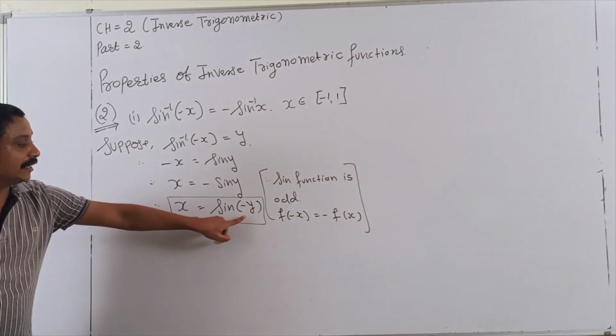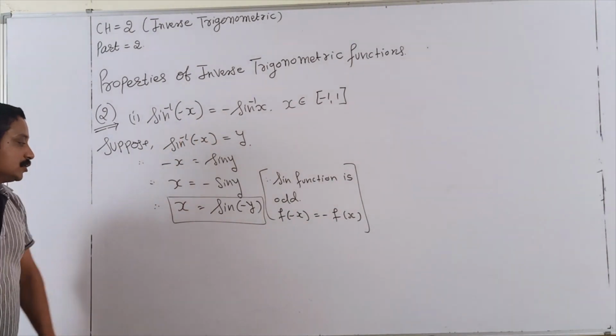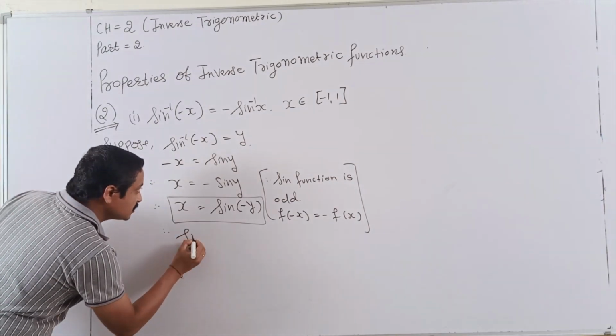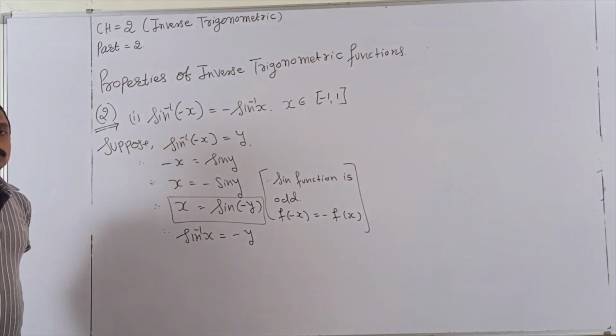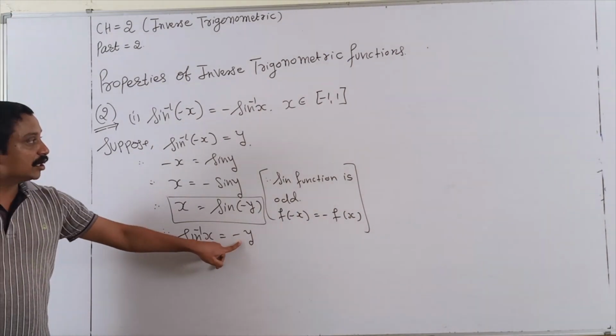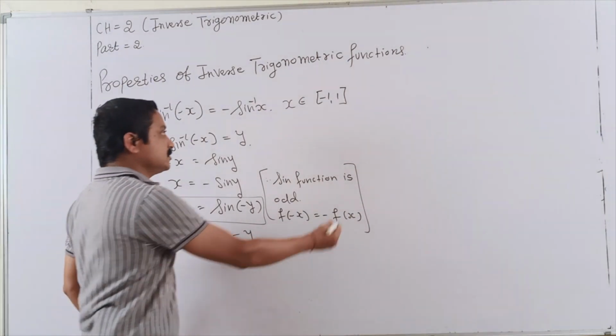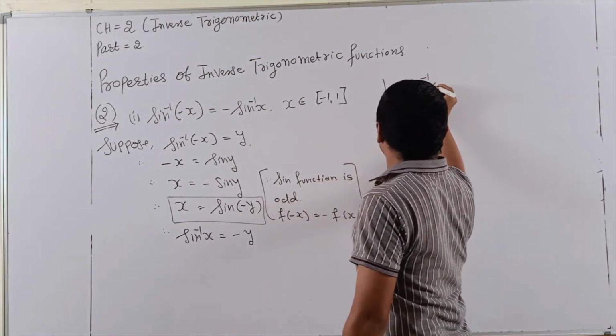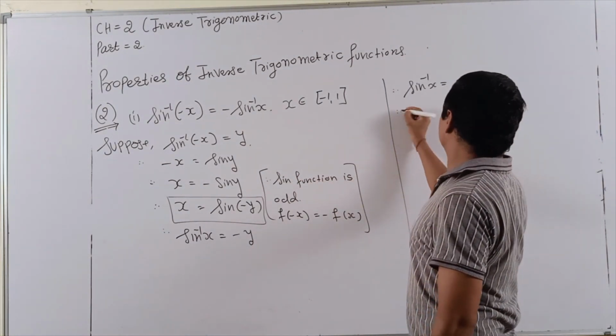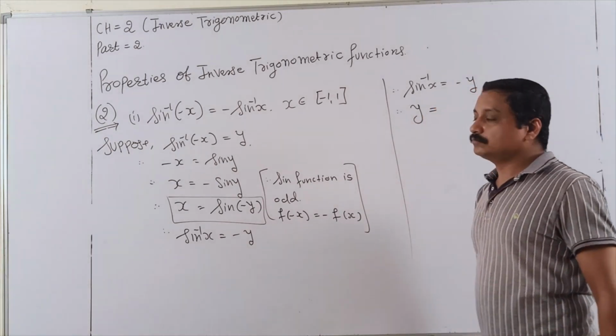Now this value I translate into the inverse form. So sin inverse x is equal to minus y. Again I show, sin inverse x is minus y. So what is the y?